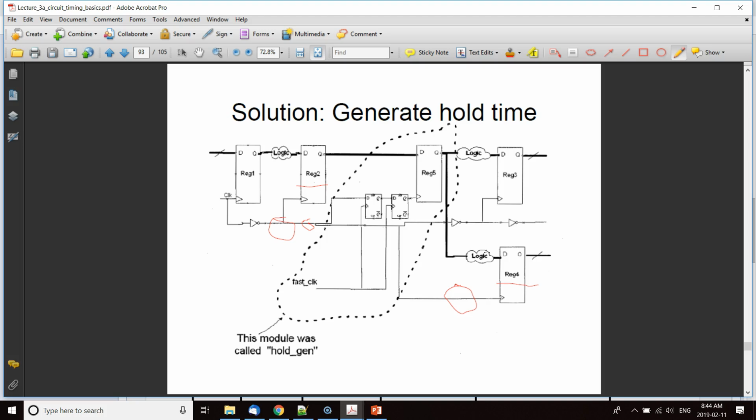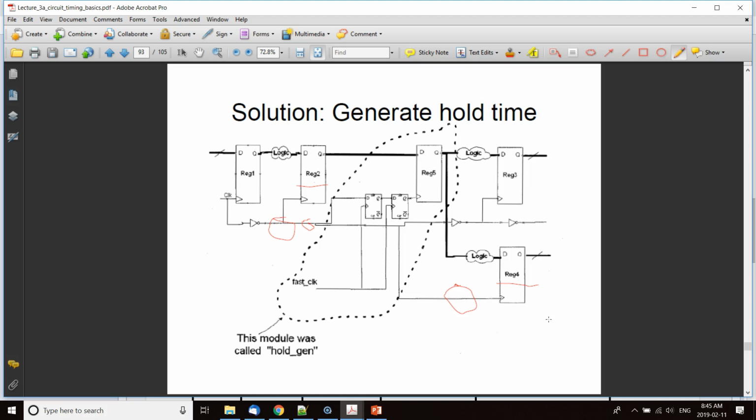Again, the compiler should have done this for me. The compiler should have delayed the data path for me, right? But if it can't do it, if it reports that it can't, or even if it reports that it can but it still doesn't work and you suspect that the reporting is wrong, then this could be a solution. I'm artificially delaying the data path to wait for the skew to pass, for the clock to happen at Reg 4, and then only allow the data to change.